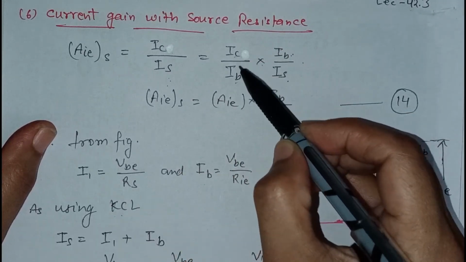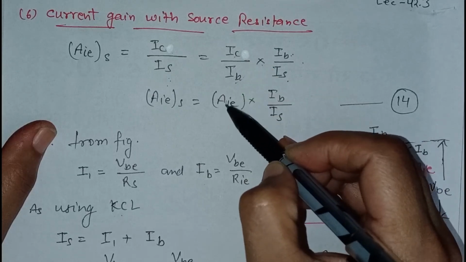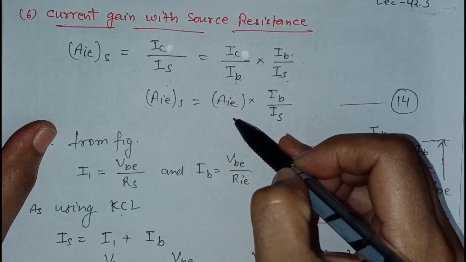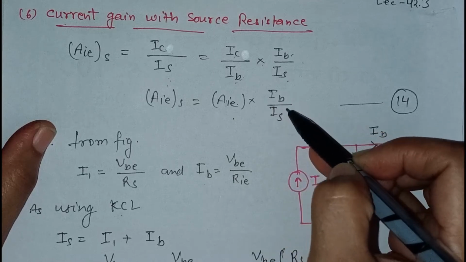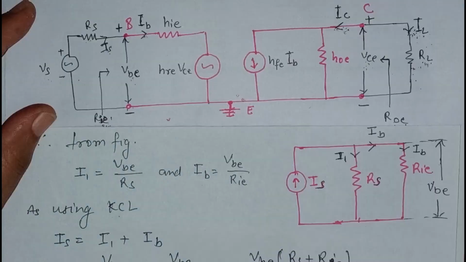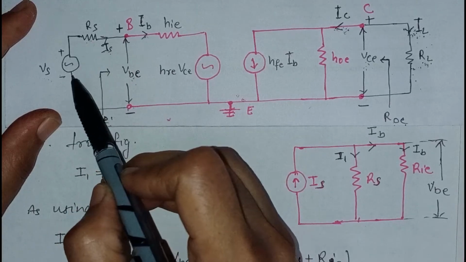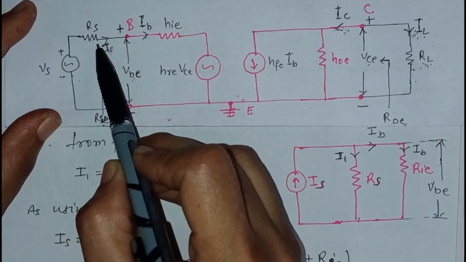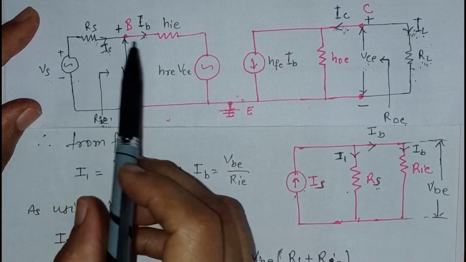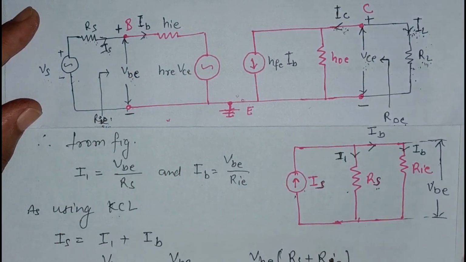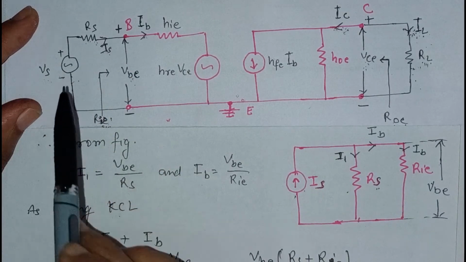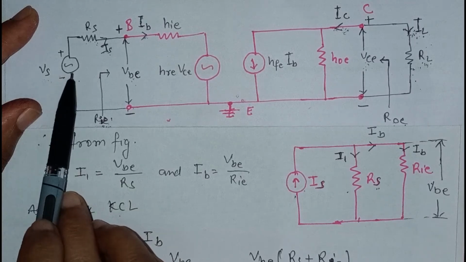As we know, IC upon IB is equal to the current gain that we derived in our last video, multiplied by IB upon IS. In this circuit there is a voltage source Vs and along with this voltage source there is a series resistance Rs. When we convert a voltage source into a current source, we put a current source in place of the voltage source.